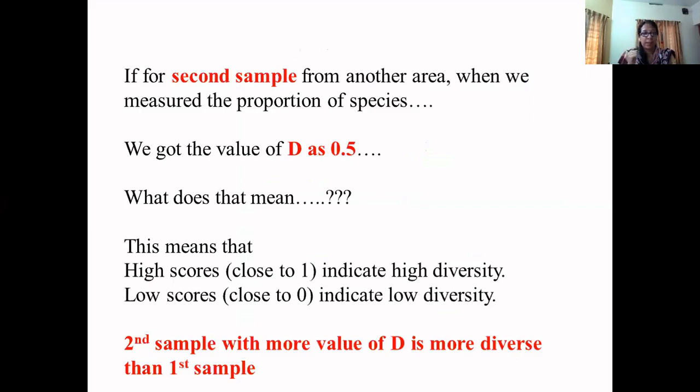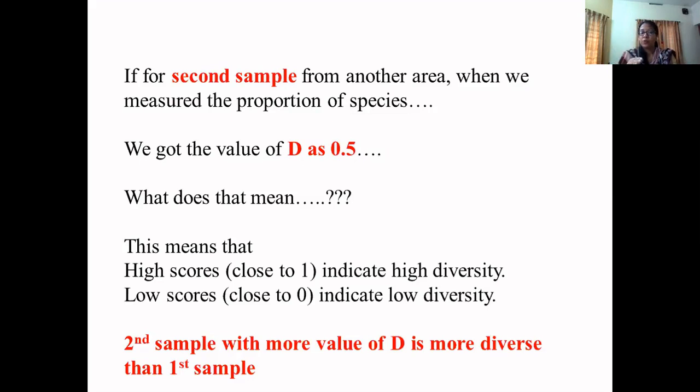If for a second sample from another area, we analyze the biodiversity and the value we get is 0.5, what does that mean? Compared to the previous one that was 0.17, this is 0.5. This means that the second sample's diversity is much more.